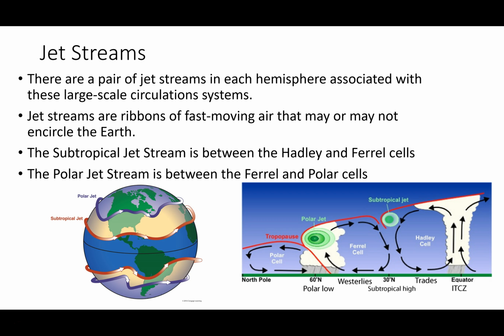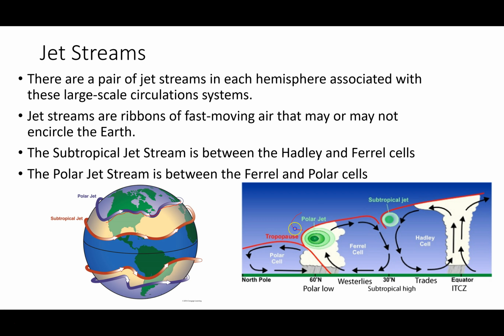So we talked about jet streams. Jet streams are a ribbon of fast moving air, and it may not always be this. I'm showing it continuous, but there might be breaks in it. There are some neat stories about hot air balloons counting on the jet stream being there, and it peters out. But they're located between the major cells.